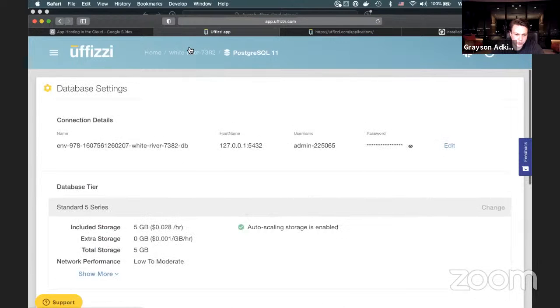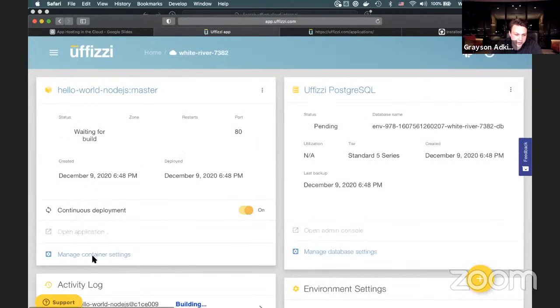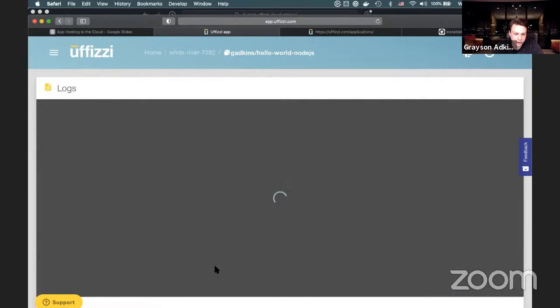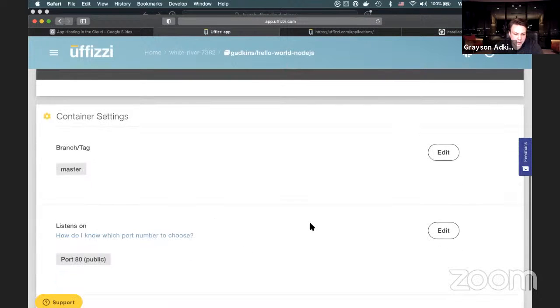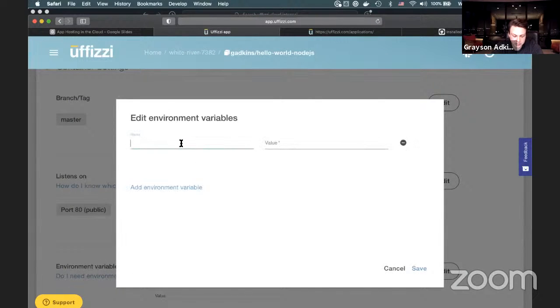One thing I will show also, Uffizzi also makes connecting to a database really easy. So if I go to my container here and I go to manage the settings, when you add environment variables, we do something really neat where we auto suggest common things. Like if your database needs a username, for example, you can just select username, and Uffizzi will fill this in on the back end.